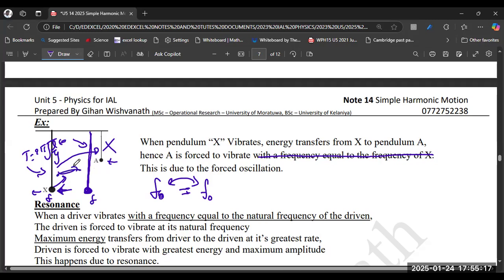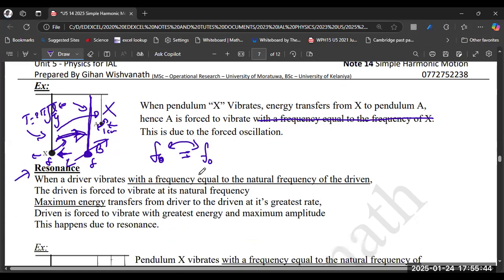But from pendulum X to pendulum, let's say B, the energy is transferring at a greater rate. So if this one vibrates with an amplitude of 1 centimeter, this one would vibrate with the maximum possible amplitude. That is under resonance. So the basic condition is their natural frequencies being the same.